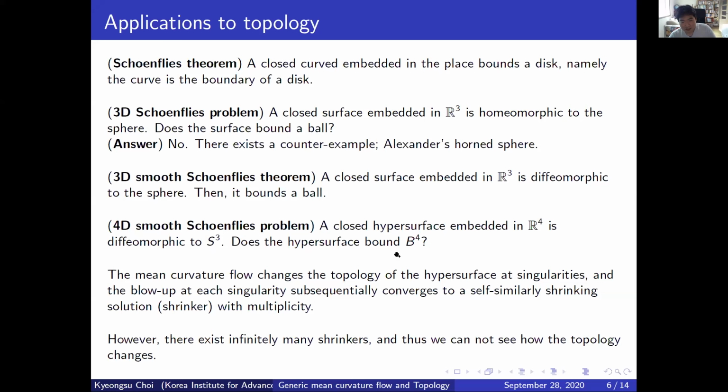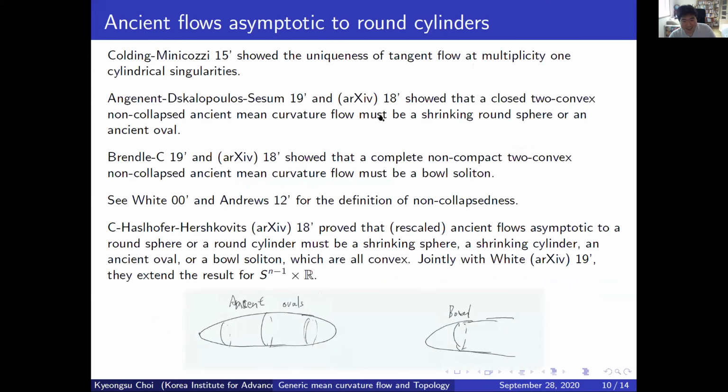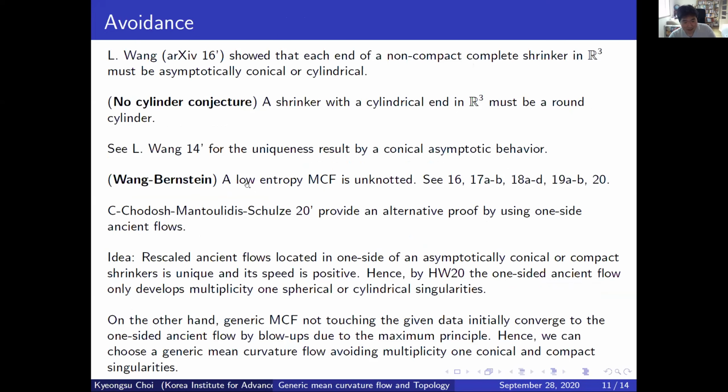And second, if the mean curvature flow has low entropy, that is, the entropy of the flow is less than the entropy of the round cylinder S2 cross R1, then again the statement is true. For more detailed proofs, you can see the paper of Wang and Bernstein this year, or my paper with Chodosh, Mantoulidis and Schulze this year.